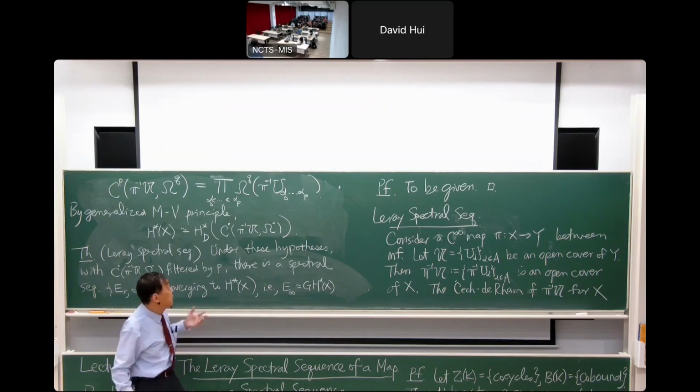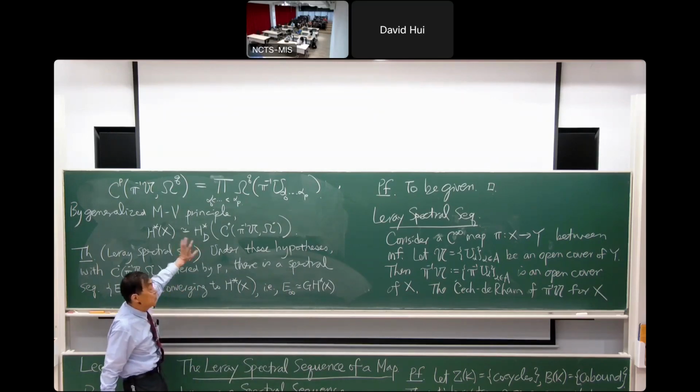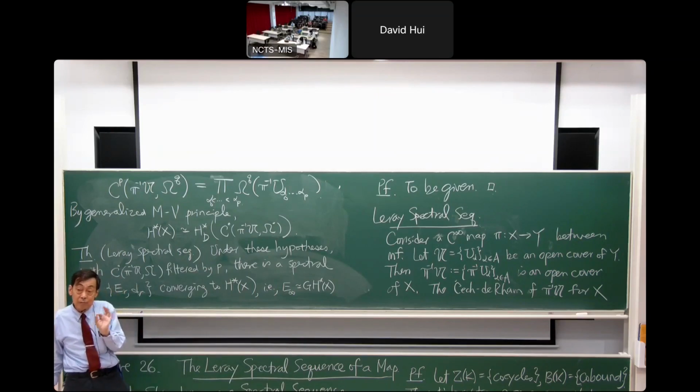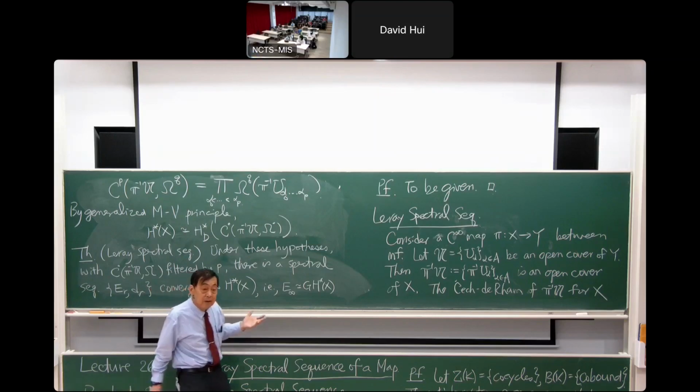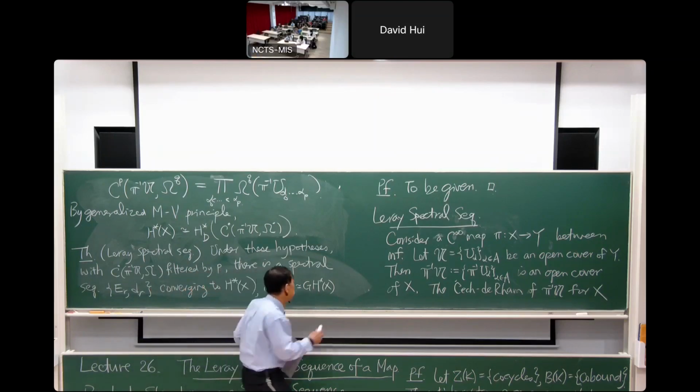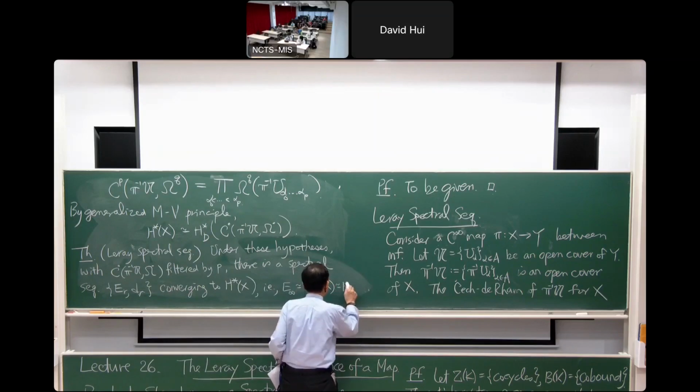But if we are doing differential forms, then the coefficients are real numbers. We're dealing with vector spaces. So the associated graded complex is isomorphic to the vector space itself.